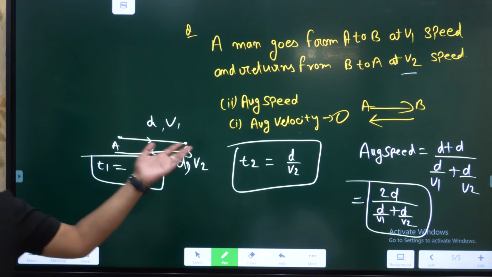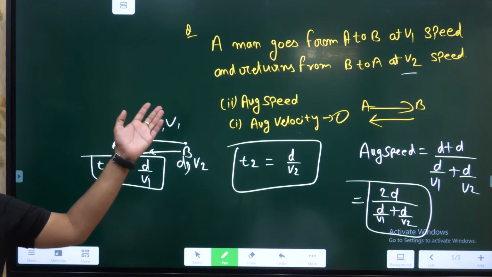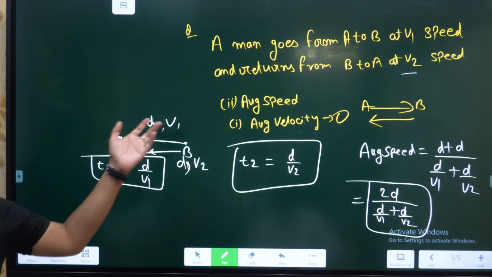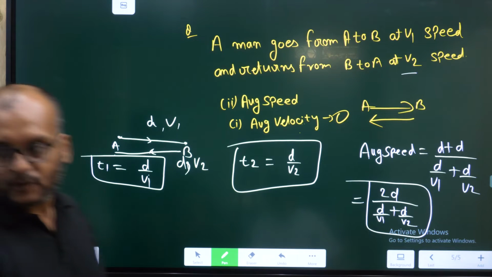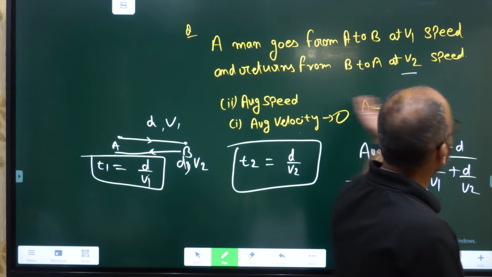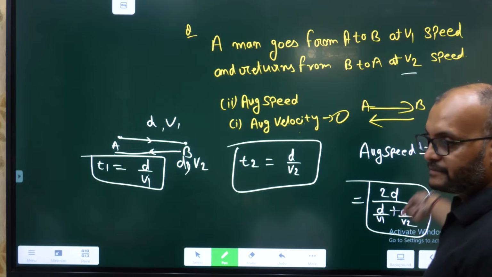It was not given in the question. So how can you give your answer in something that you have assumed? The variables T1 and T2 that you assumed, where were they given in the question? What is not given in the question, we cannot give the answer in terms of it. When we do derivations too, the things we assume by ourselves, we eliminate them later. The options that you will get, you won't get in that form. Now you will say I also assumed D, but D will cancel.